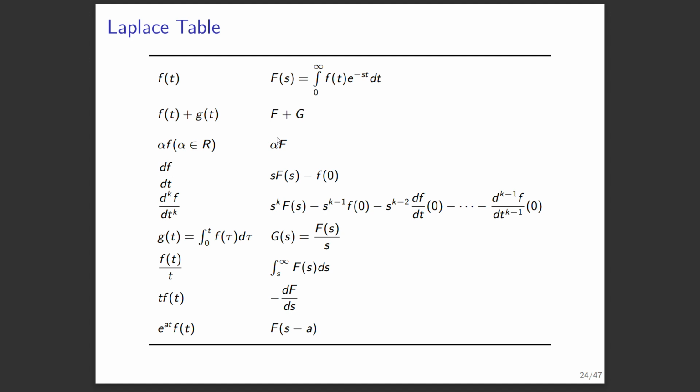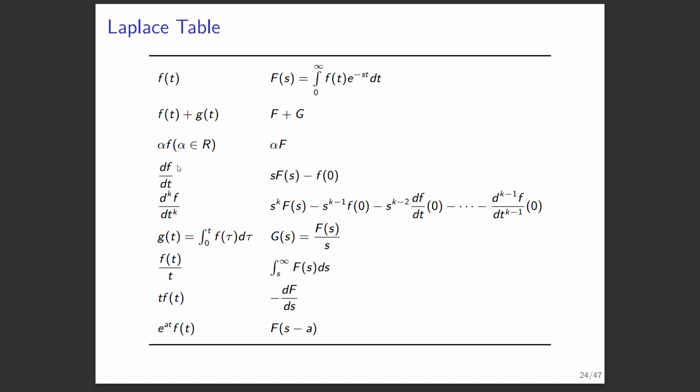What is this saying? It's saying if you have a number multiplied with a function, and then you want to take the Laplace transformation of that, you can just take the Laplace transformation of the function first and then multiply that number to it.